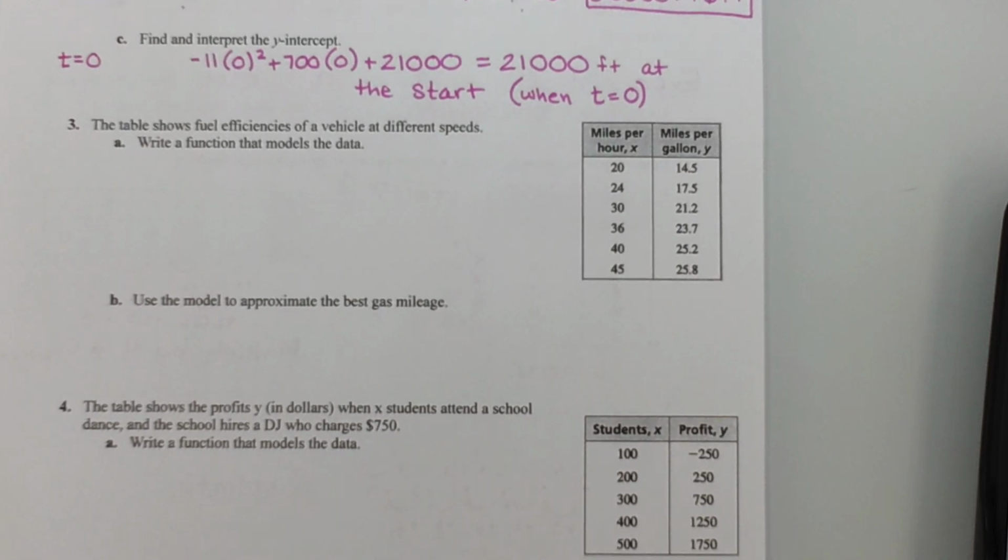The rest of the questions are really going to be similar. The difference that you're going to see is questions like question B. Use the model to approximate the best gas mileage. That's not looking for a y-intercept anymore. The best, what typically makes something the best?